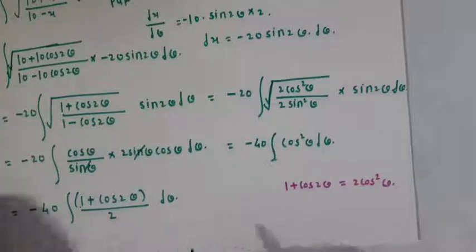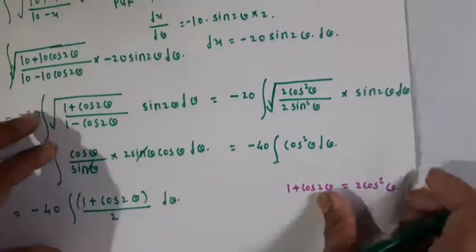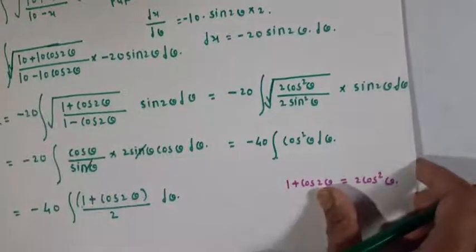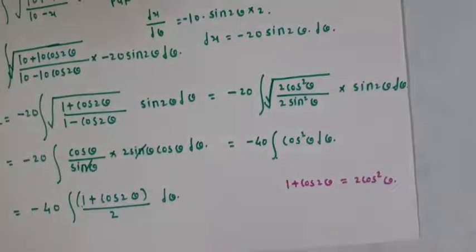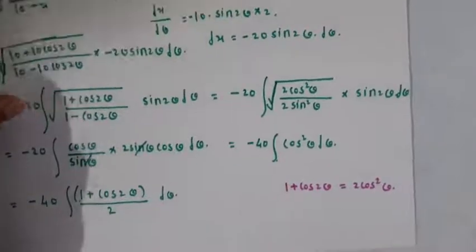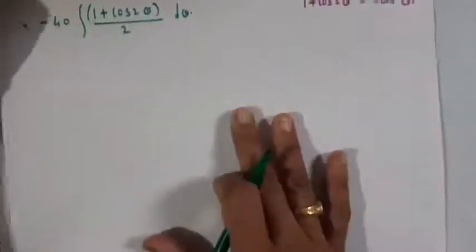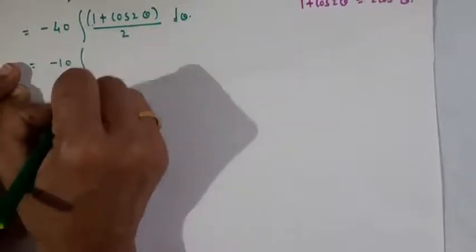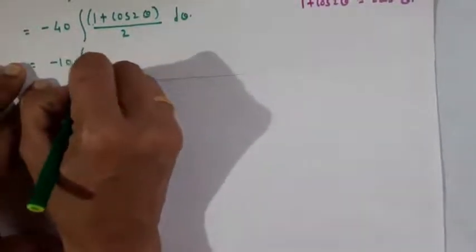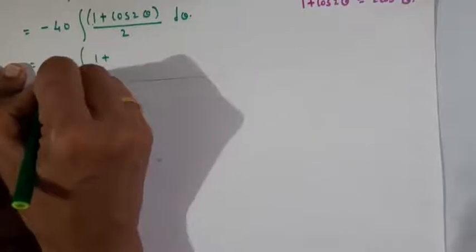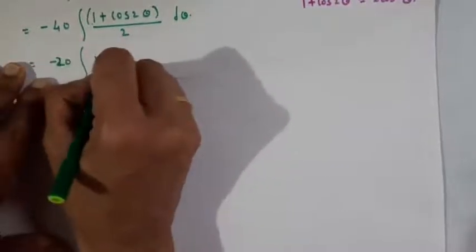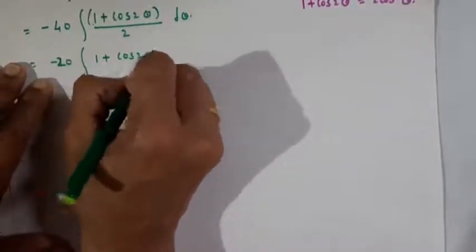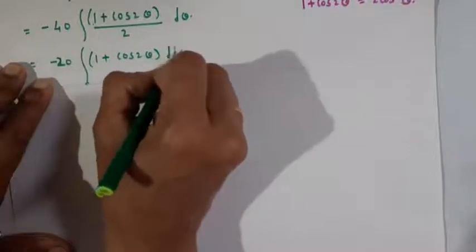Okay, by using this formula, the integration is equal to minus 20 integration of 1 plus cos of 2 theta with respect to theta.